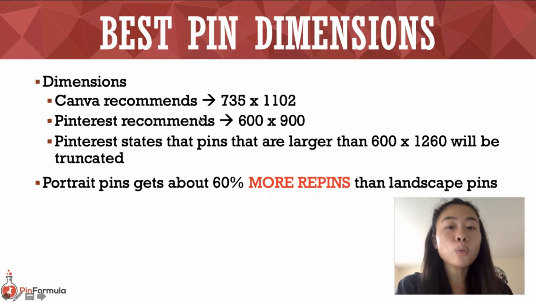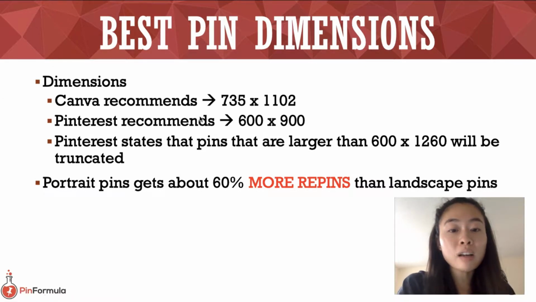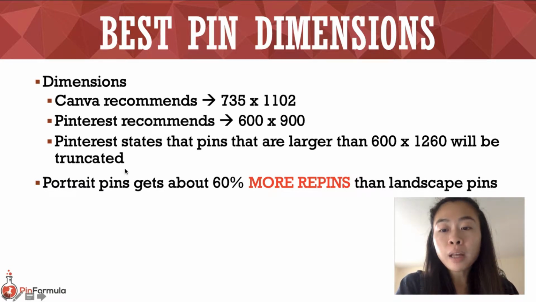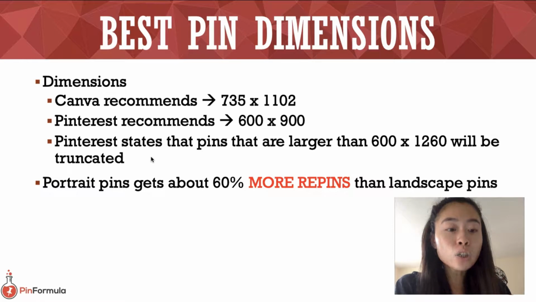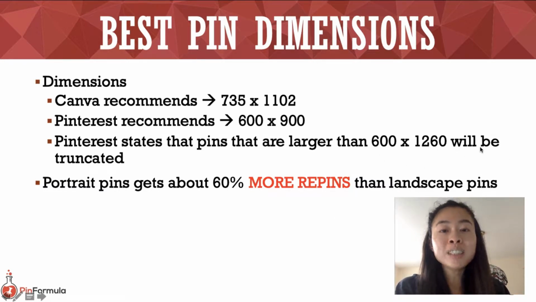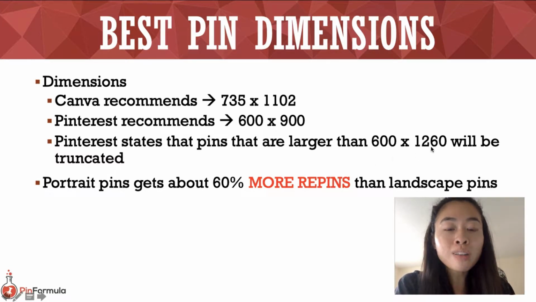Pinterest recommends that your pins should be around 600 by 900 pixels. And they state that pins that are larger than 600 by 1260 will be truncated, which means that if your pin is bigger than this dimension, people won't see all of it as they're scrolling through their news feed. So you want to make sure that you stay within these guidelines.